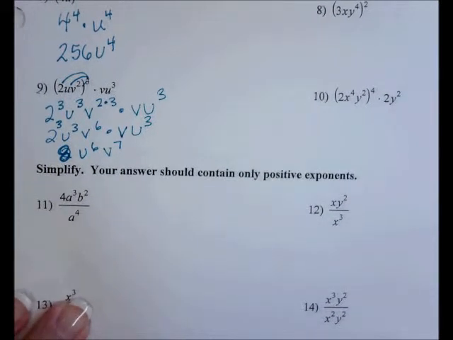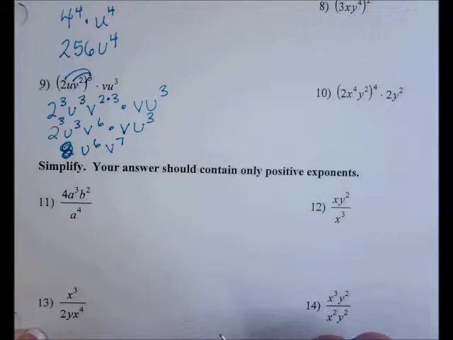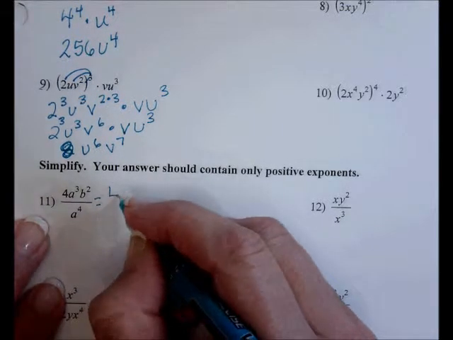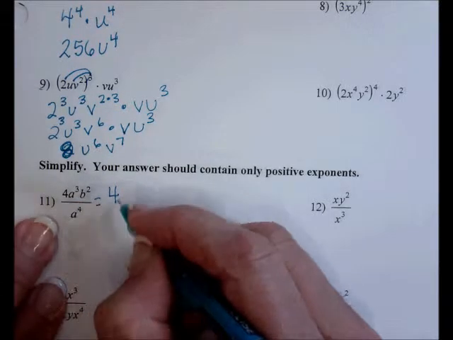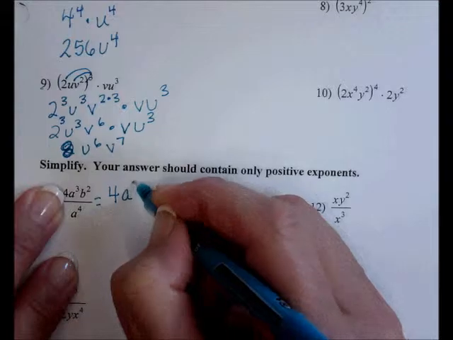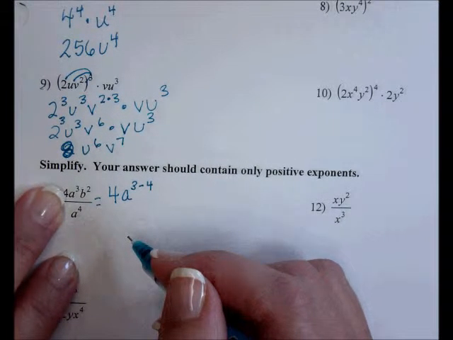Okay, looking at number 11 and 13, we have quotients of exponents. So we're going to use our rule for quotients. So here I have 4, and I have nothing to divide 4 by. But I have an a to the 3rd and an a to the 4th. So I'm going to take a to the 3rd minus 4, because if I'm dividing them, I'm going to subtract them.